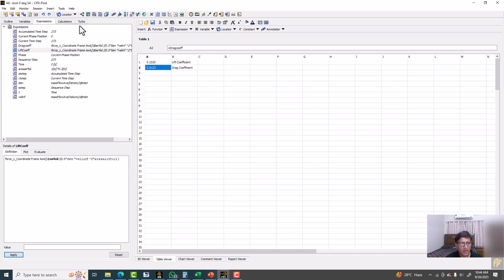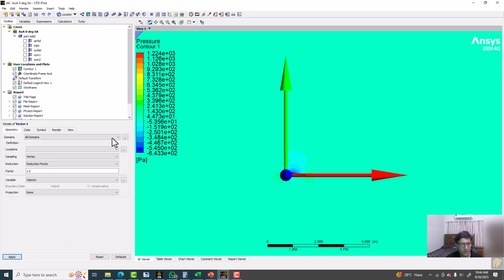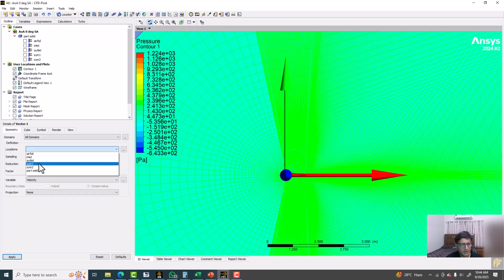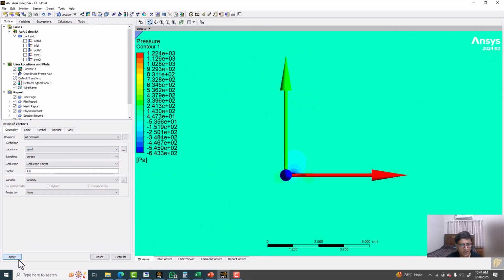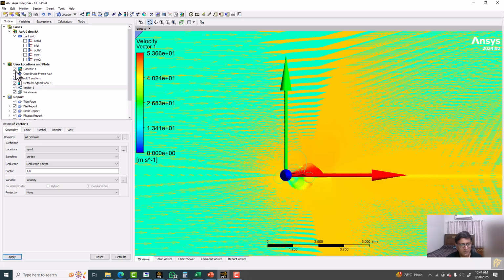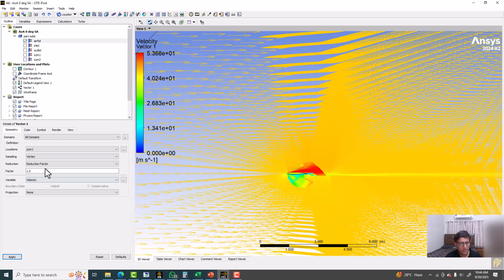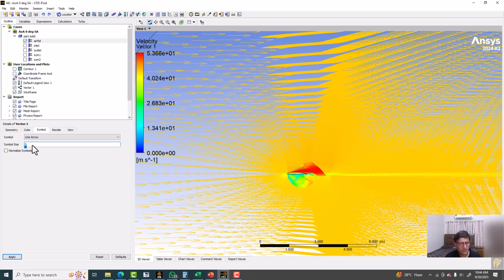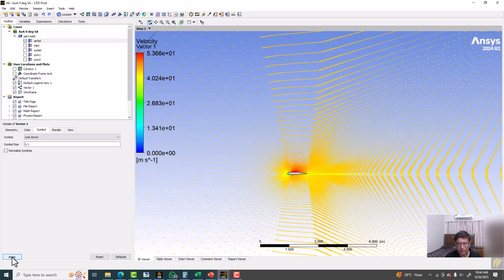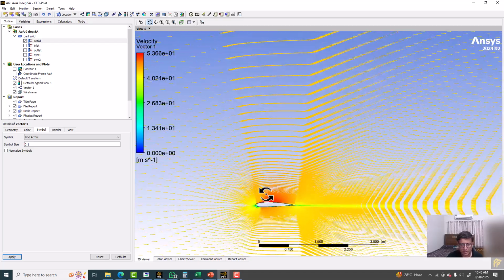Okay, now you can display the vector plots as well. So we display on symmetry 1 and apply. Here you can go to symbol and make the symbol size initially 0.1 or maybe less.